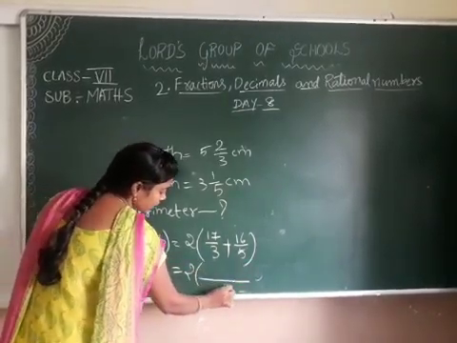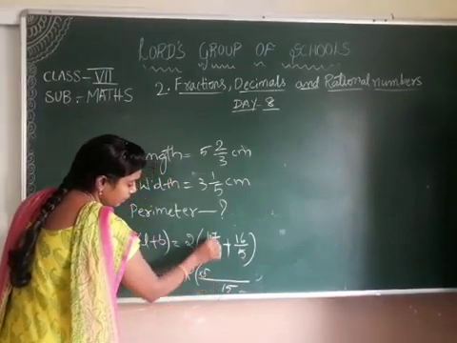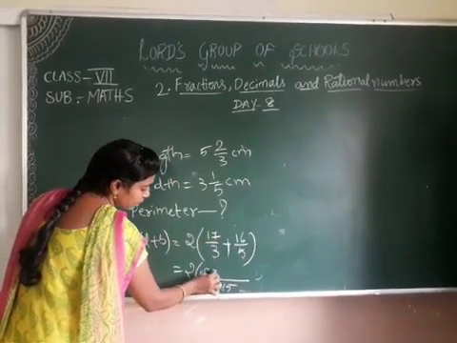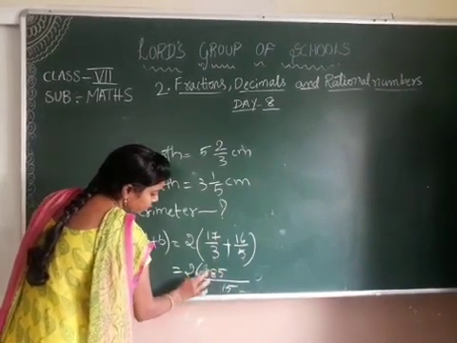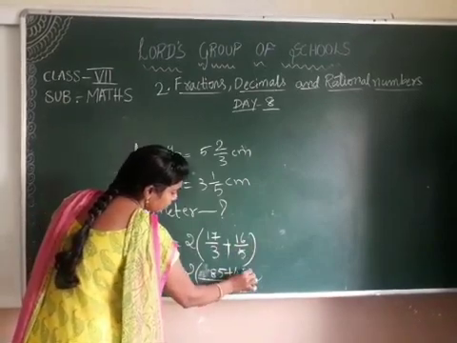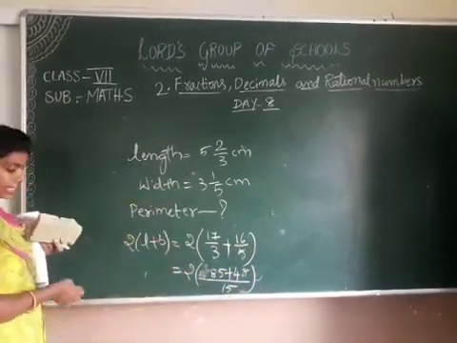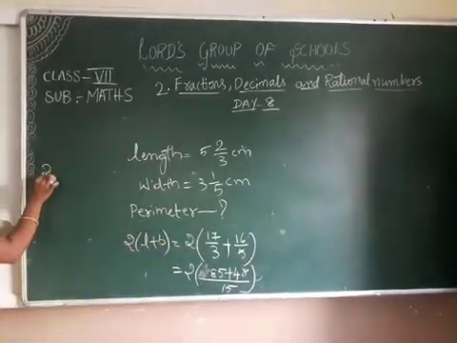So 3 5s are 15, 3 into 5, multiplied by 17: 17 5s are 85, plus 5 3s are 15, 16 3s are 48. What is 85 plus 48?